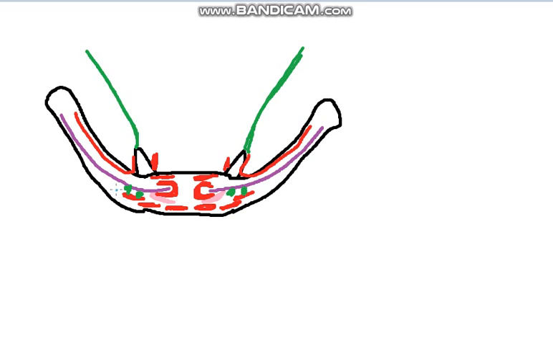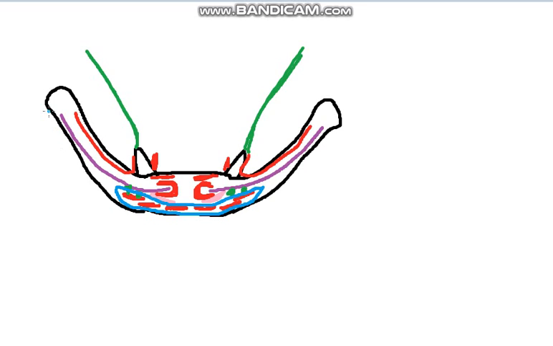So if we draw that fascia, we will have to draw it somewhat like this. It is the pretracheal layer of the fascia which is actually enclosing these muscles. So now you have the attachment of the pretracheal layer of the deep cervical fascia which encloses the infrahyoid muscles.